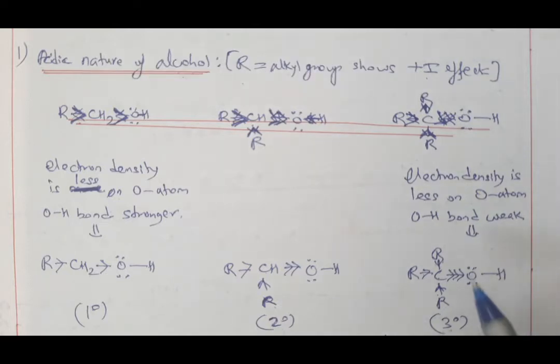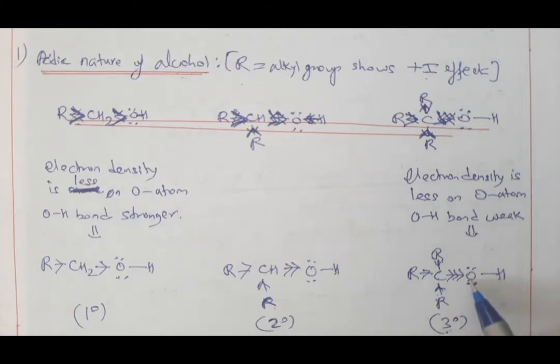I repeat again, here the electron density becomes more because the 3 R is giving electron to the oxygen. So this is tertiary alcohol. So the electron density, don't say population, we say electron density on oxygen atom becomes more. And as the electron density becomes more out here, this bond becomes stronger. OH bond becomes stronger and does not break down to produce H plus ion.